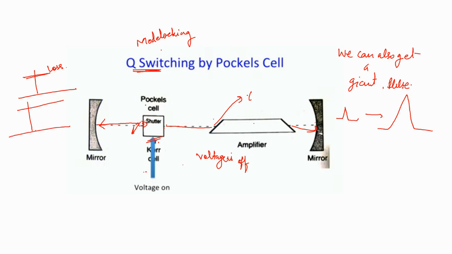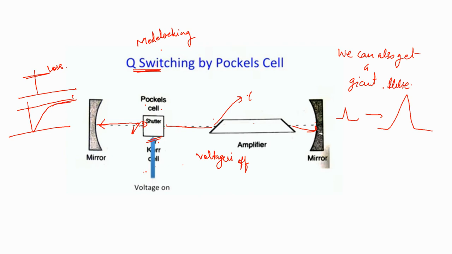With time, this loss has a maximum value, but slowly the gain increases. Why does the gain increase in the amplifier? Because when it passes through the cavity, since the voltage is off, the focal cell does not allow the polarization. This unpolarized light passes through this medium to and fro. Because of this, the gain increases and therefore reaches a maximum value.